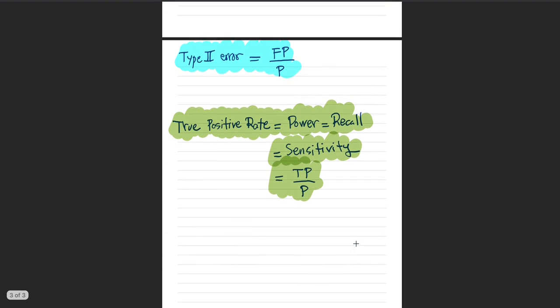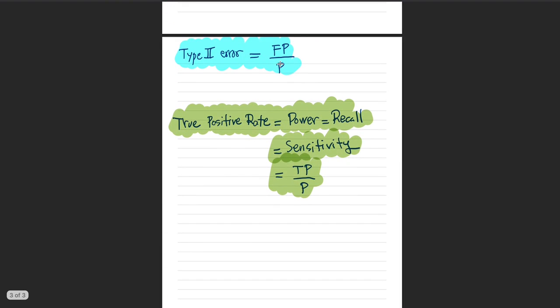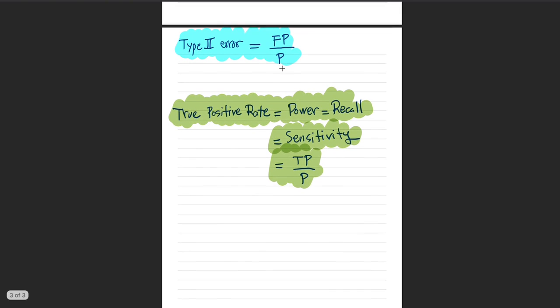Then we have the type 2 error, which is a false positive divided by the positives. And positive here is, again, the positives in the data, not the positives in the predictions.